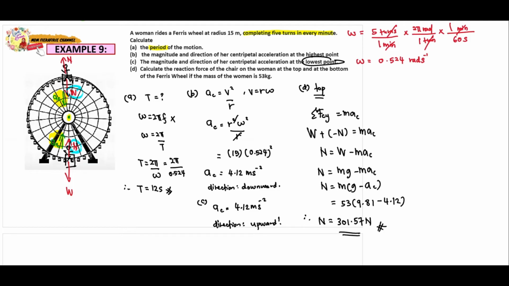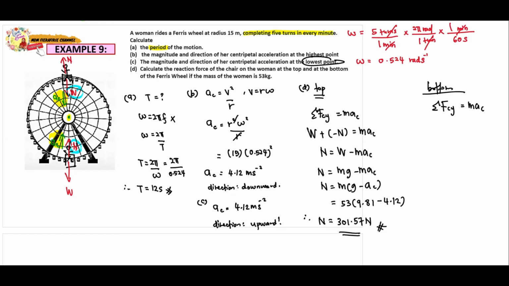Okay, so second at the bottom of the Ferris wheel, what is the value of the normal force? Okay, kita sama juga, kita tulis total FC in Y component equal to MAC. So bila saya tulis total FCY means that centripetal force in Y component, in Y direction ataupun vertical plane.